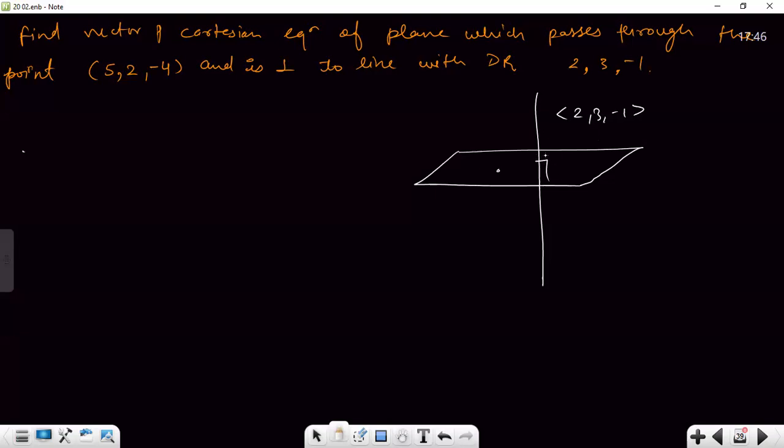So we have the direction ratios of the normal to the plane. Nice. So we have the point as well. So we have everything, right?